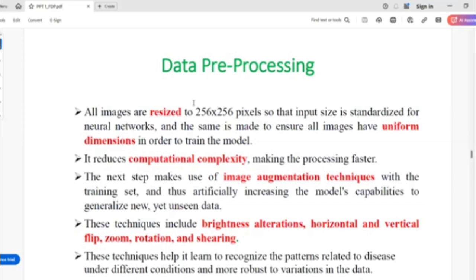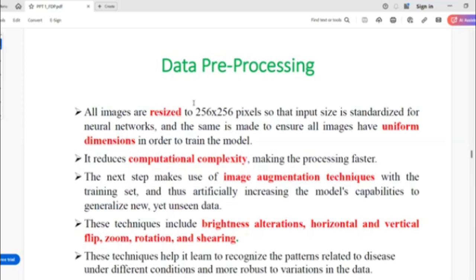Why is this data augmentation important? The first reason is limited data availability. In real world applications, obtaining large, high quality data sets can be challenging, time consuming, and sometimes expensive. The second important problem is overfitting, which you have seen.